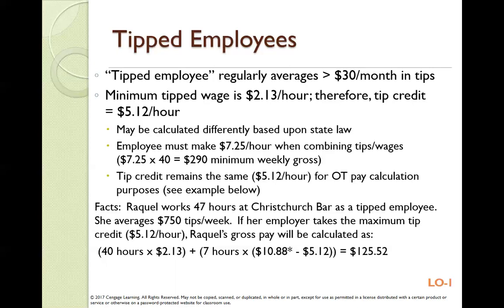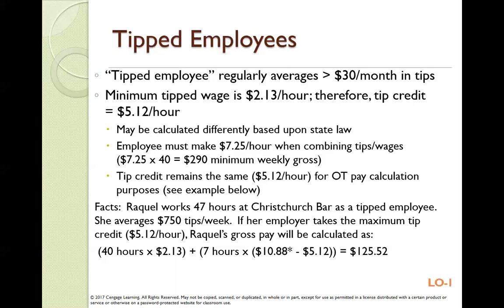So if she's earning 40 hours at $2.13, again, that would be the $85.20. And then she actually still earns overtime. So she works 7 hours of overtime. How they calculate overtime is a little bit tricky. That $10.88 is actually the minimum wage overtime rate.